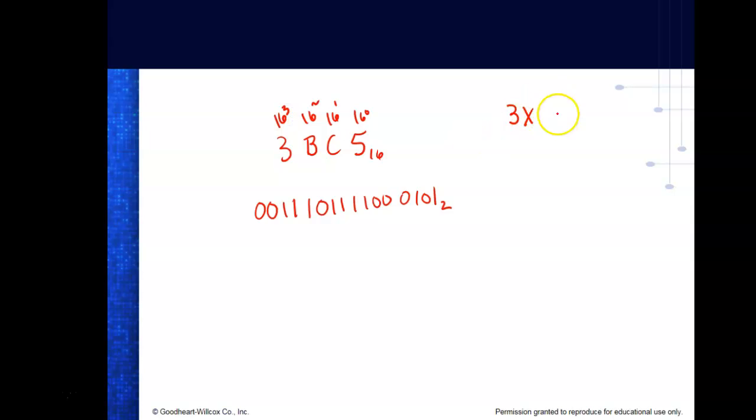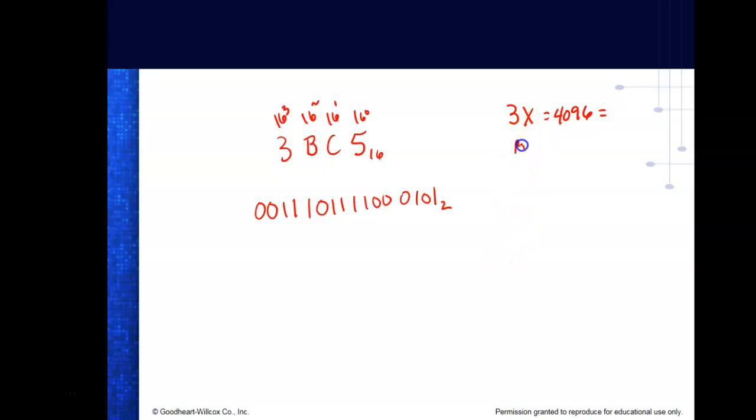So I'd say 3 times 16 to the third. What's 16 to the third? It's on your chart there. Yes, 4,096. I can multiply that out.